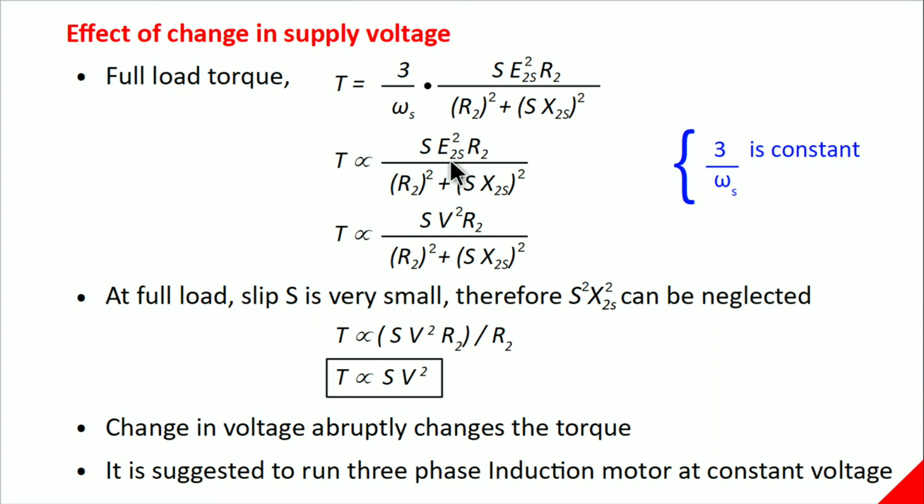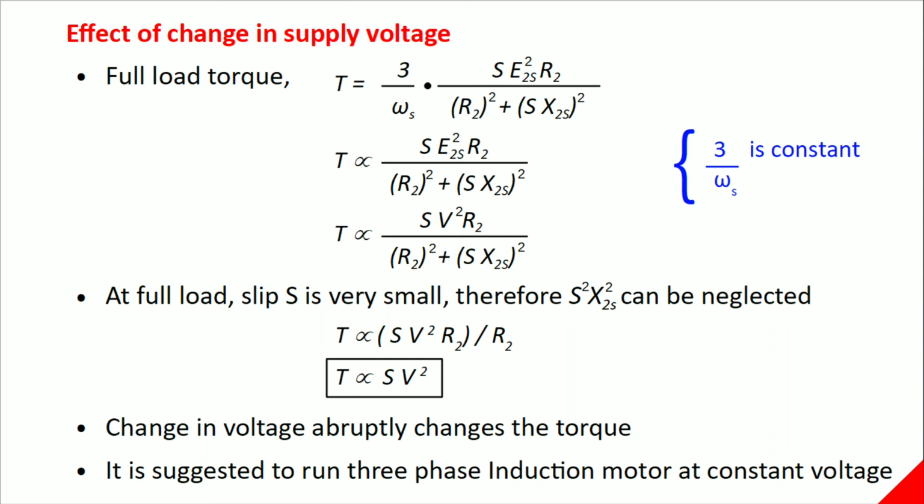This EMF is induced due to the magnetic field produced by the three-phase windings of the stator, and the stator winding flux depends upon the stator current, which depends upon the supply voltage V. So we can say that the EMF induced in the rotor at standstill, E2S, is proportional to V. In other words, the EMF induced opposes its very cause.